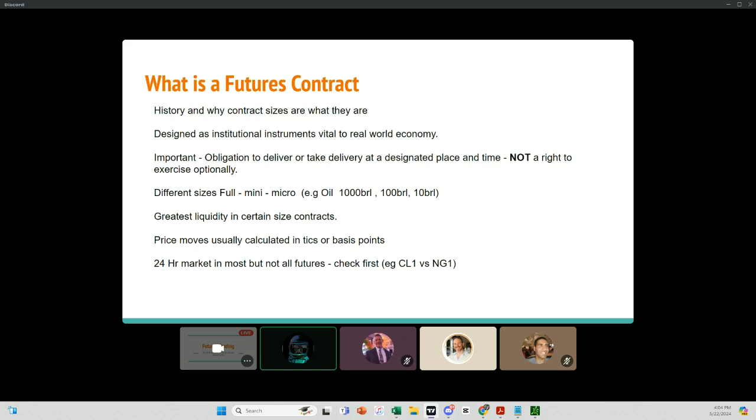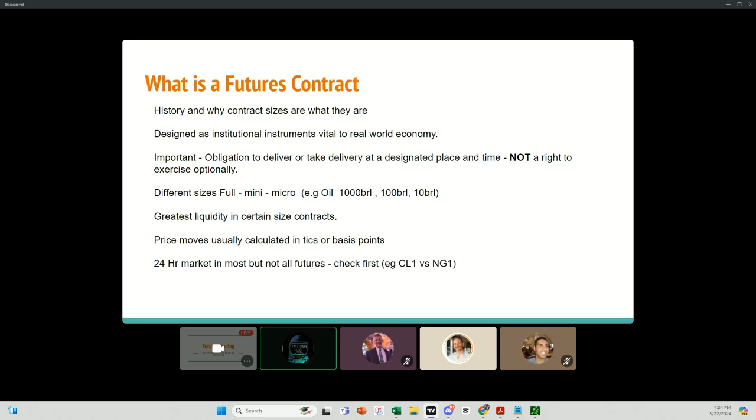Much the same as they were also designed to allow producers of the commodities a fair price on the market rather than necessarily when the harvest came in, then everything would be a glut of supply, and prices would drive down. So they were designed around that kind of stuff.